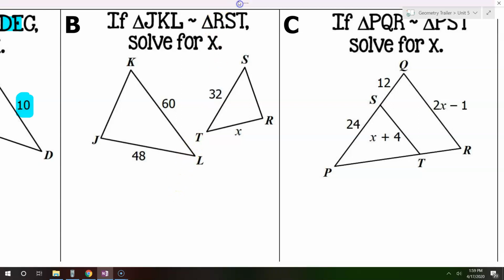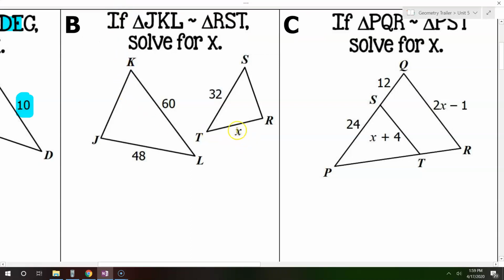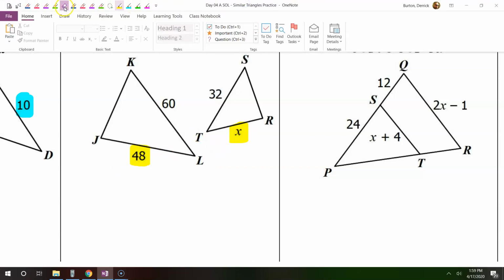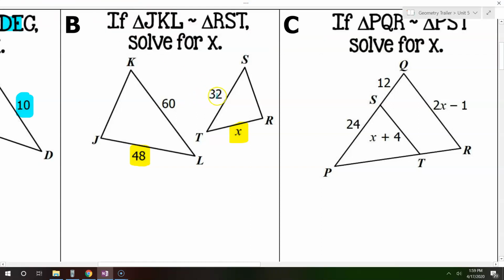Again, the most crucial part is matching up the corresponding sides. So I see this x right here, that is TR. So here's T, here's R. That will correspond with L and J, LJ. And here's LJ right here, so these are corresponding sides. Okay, the 32 is the TS, and here's TS, that corresponds with KL.